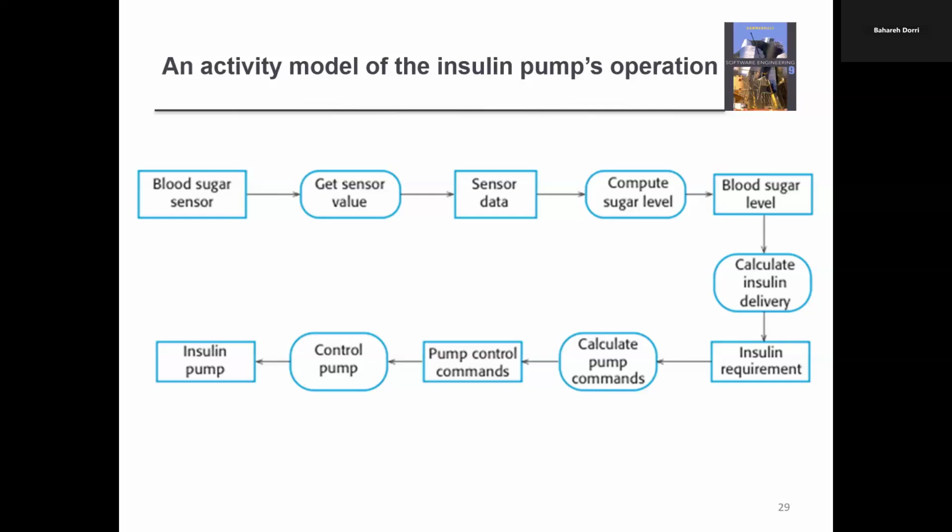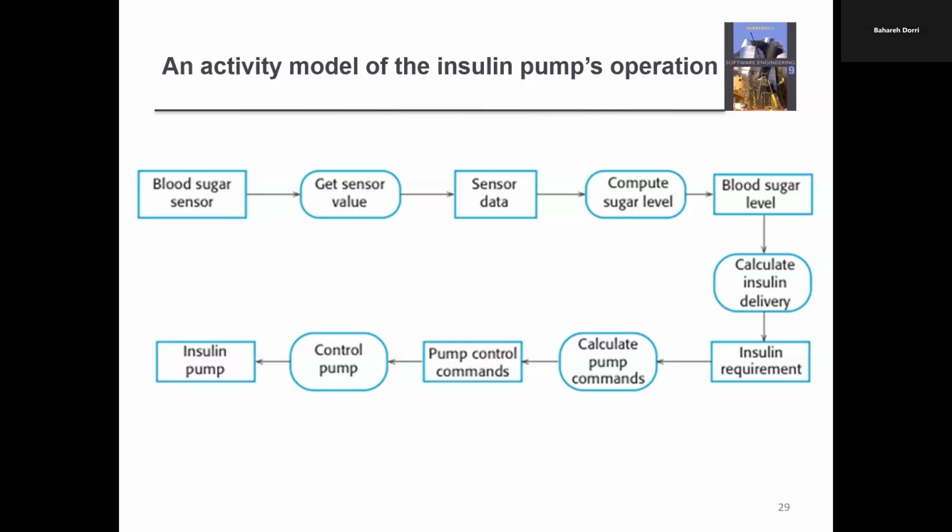So it calculates the control command that the pump will use. These are converted into a specific pump control command, and the system then uses those to control the pump and send insulin through the insulin pump.